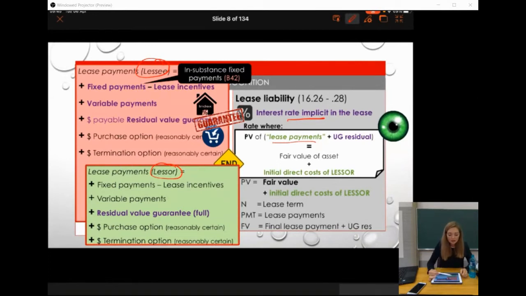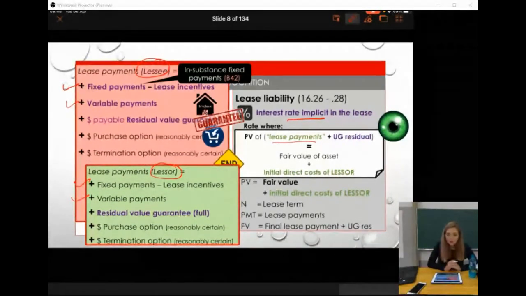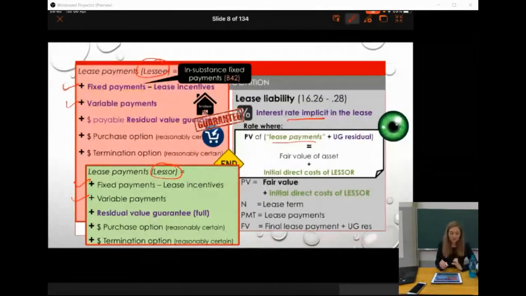If we check what's included in lease payments for the lessee versus the lessor, we see that fixed payments less lease incentives are the same. Then all variable payments are the same. And with the third one, we get our issue, the difference between the two.